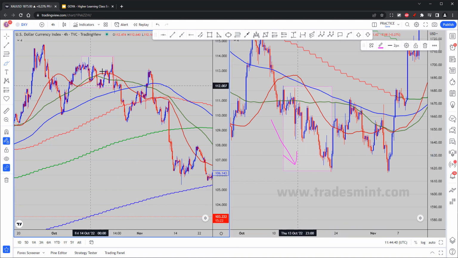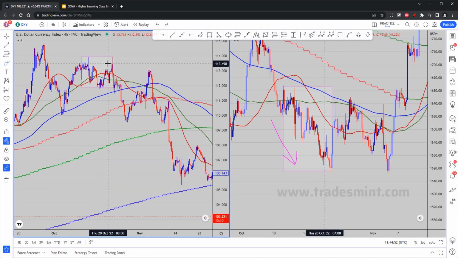So we should have a bullish DXY pushing up. We should see a lot of USD strength in the market. But DXY tells us a different story. We have a consolidation. We can even say that we are going slightly down.